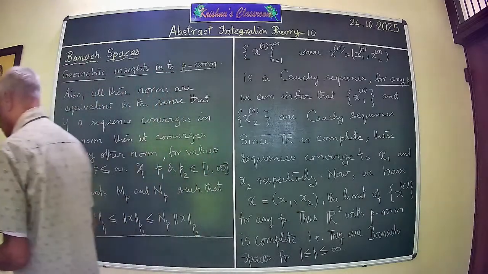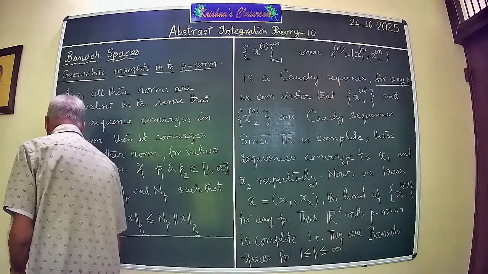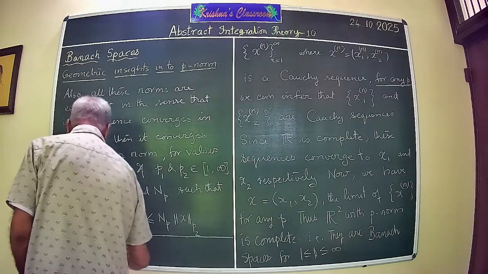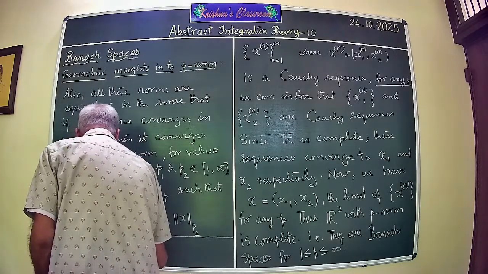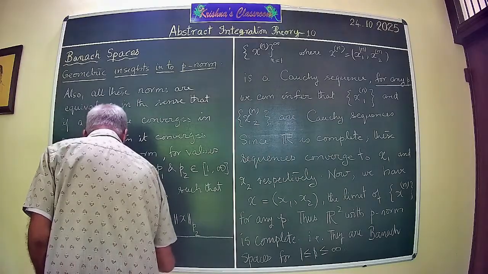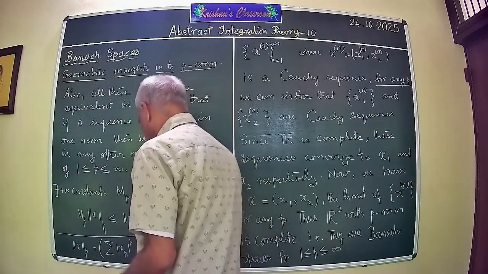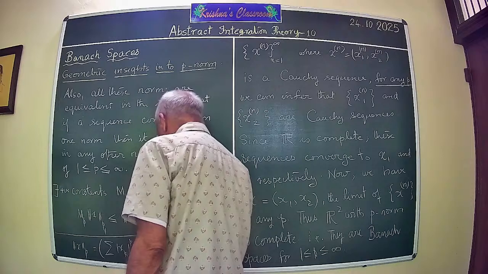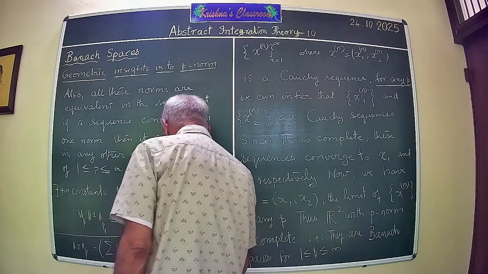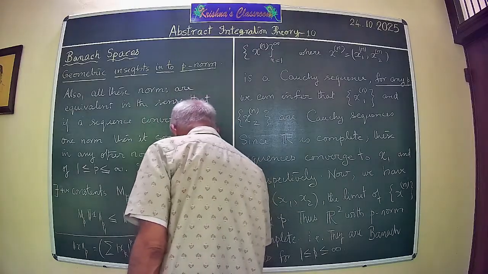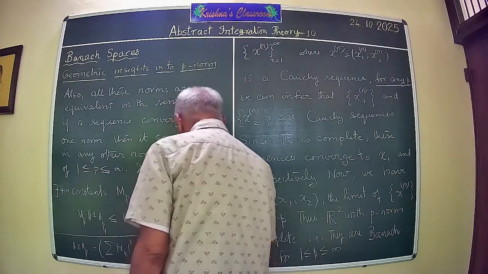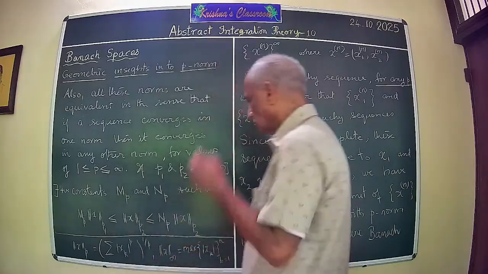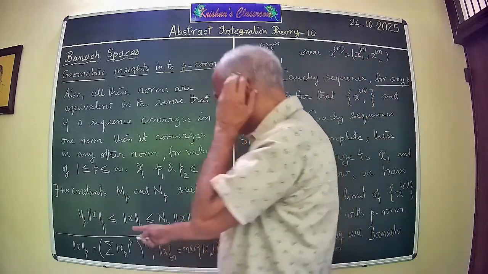Because in Rn, you will be using the p norm, the sum of absolute values raised to p, to the power 1 by p, and so this gives the different norms that you have.